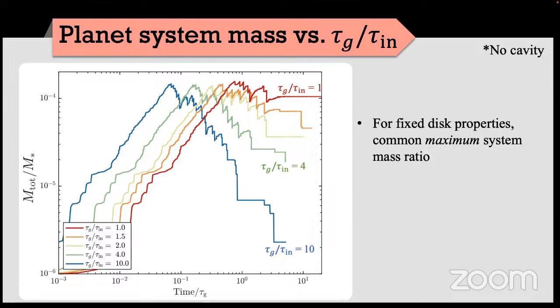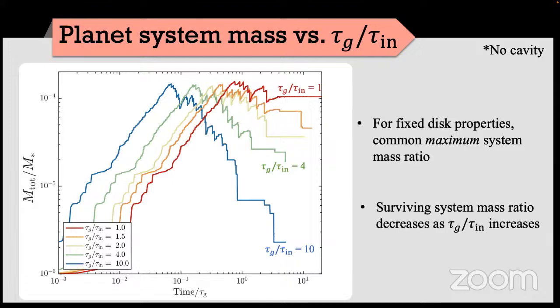And you can see that for fixed disk properties, so for fixed viscosities and a similar infalling rate, all of the systems reach a common maximum system mass ratio. And for increasing tau_g over tau_in, you're going to lose more planets, and therefore the final planetary system mass is going to decrease over time. This is because migration is more significant than accretion if the disk is prolonged.